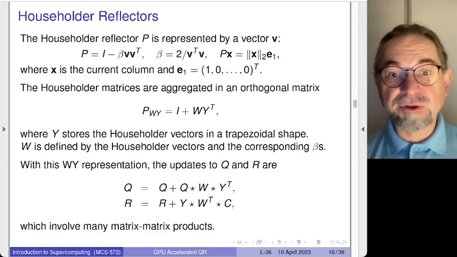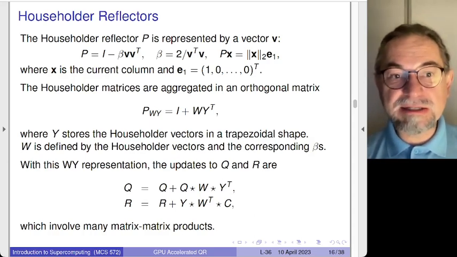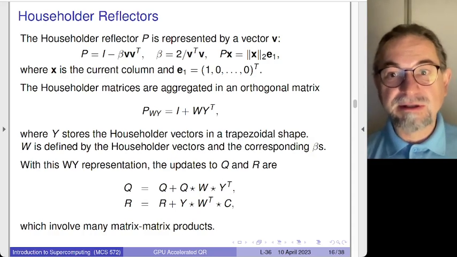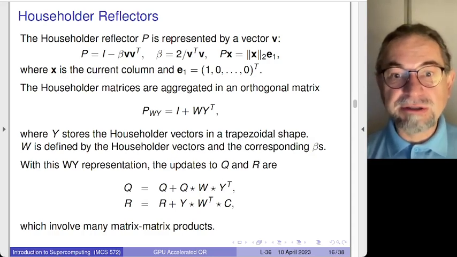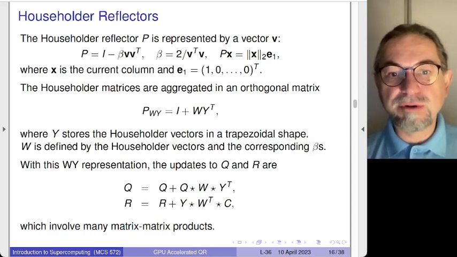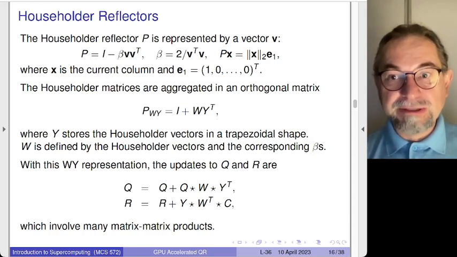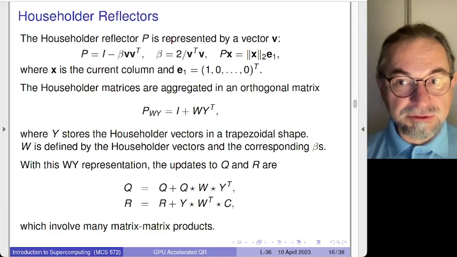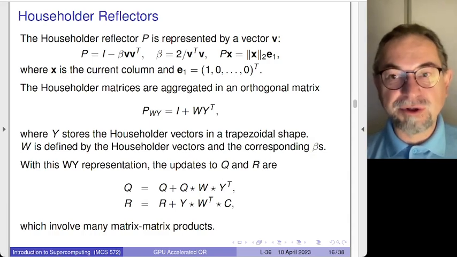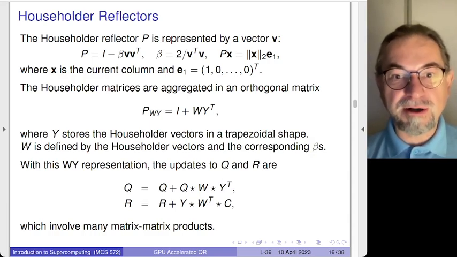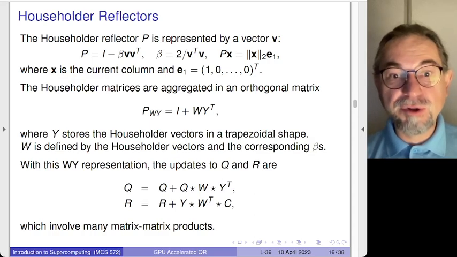Then if you have the W's and the Y's, then with that representation, the updates to Q and R are defined via matrix products. So one could already have discovered, the algorithm in the house QR already updated Q and R in 2 lines. So here you see the lines again.